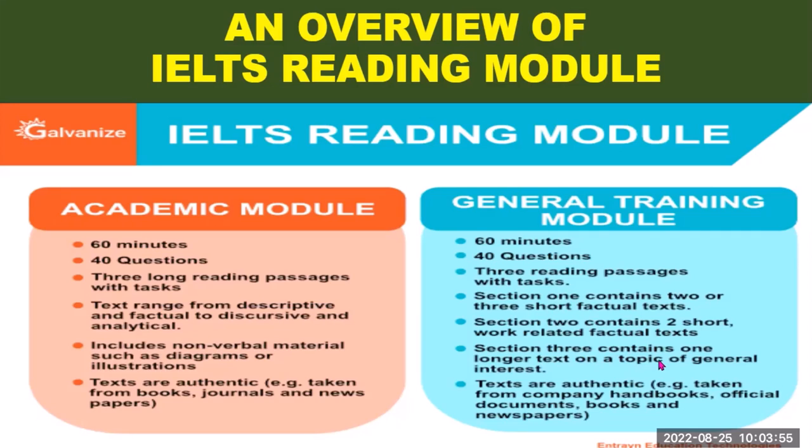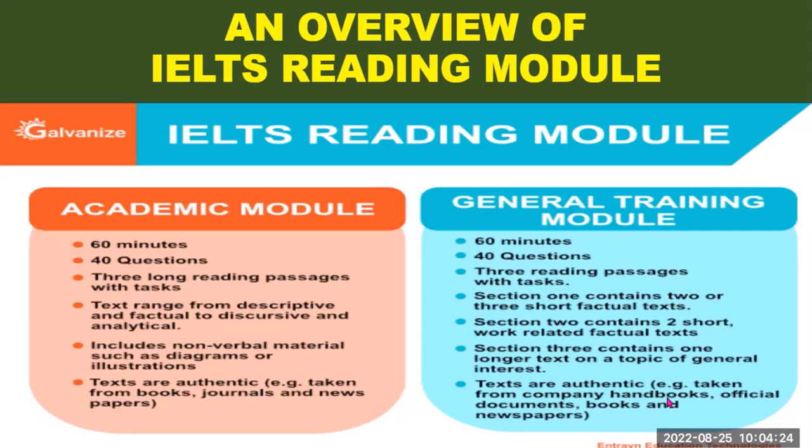Then section 3 contains 1 longer text on a topic of general interest, because the people who are going to take this test are not people who are going to school. They are people who want to live in a place and live their life and work there. Then the texts are authentic also, like the other one. For example, they are taken from company handbooks.